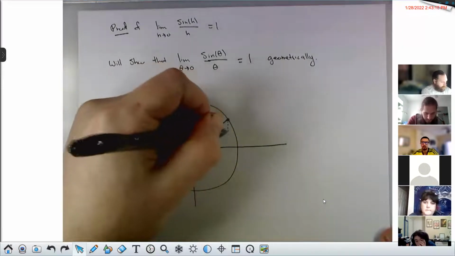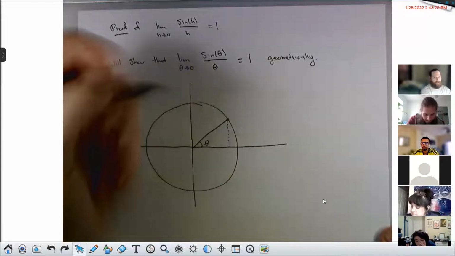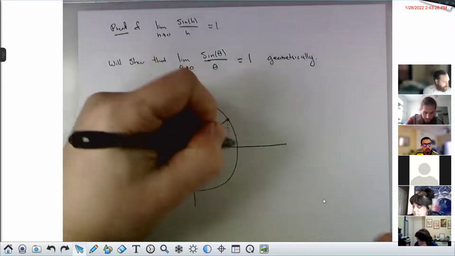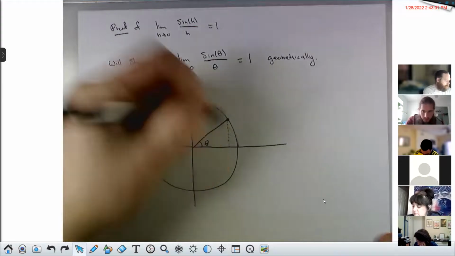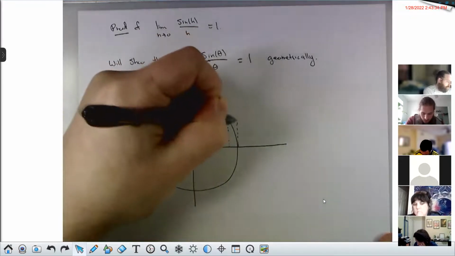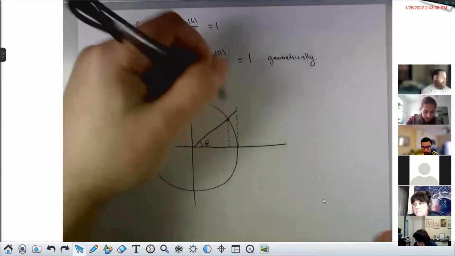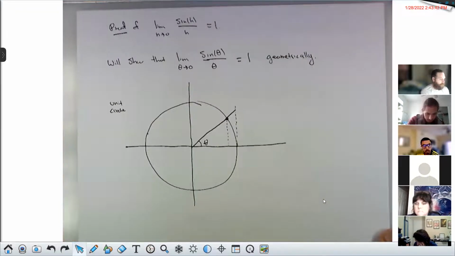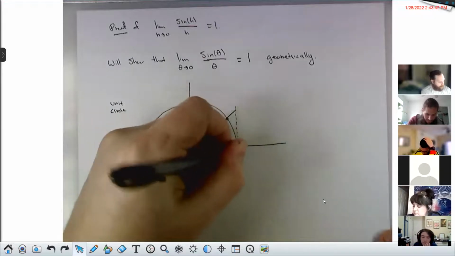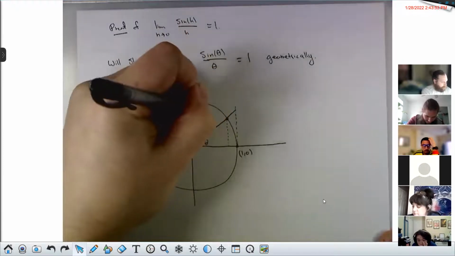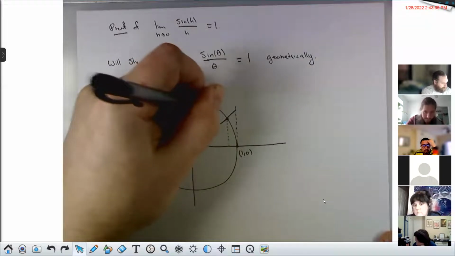In particular, this height right here is sine theta. If I extend that ray out to meet this, then this point right here, remember, is 1 comma 0. This point right here, I'll label it as cos theta comma sine theta.